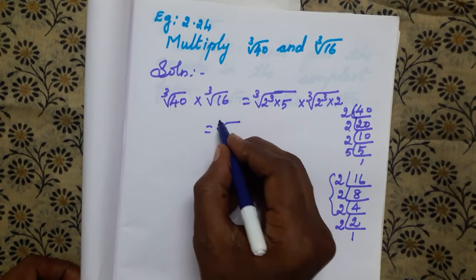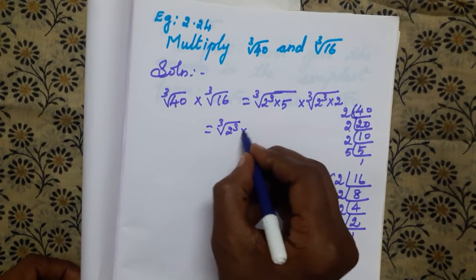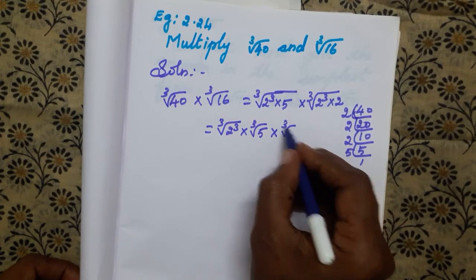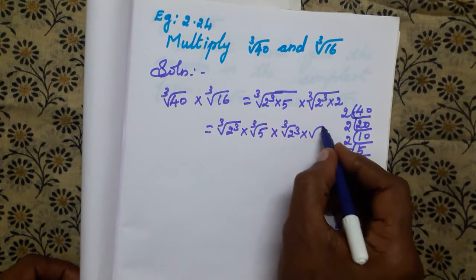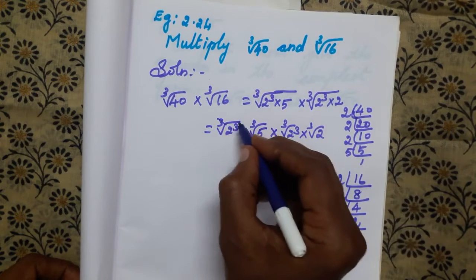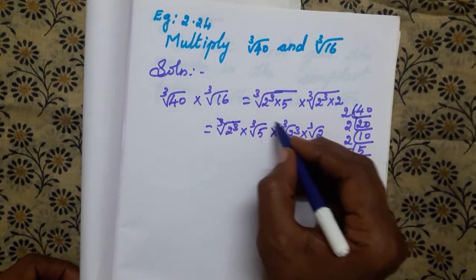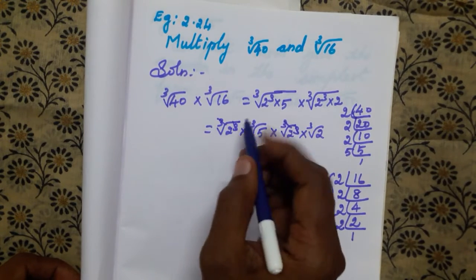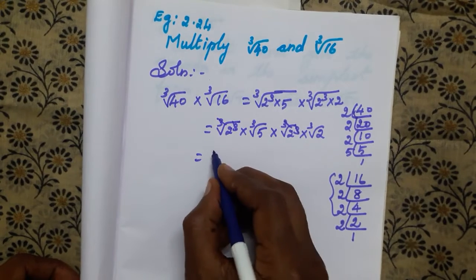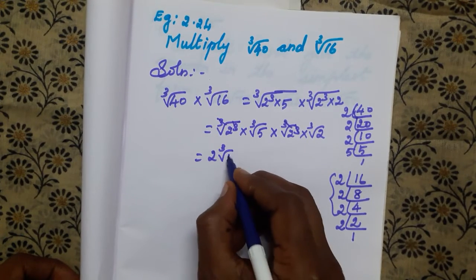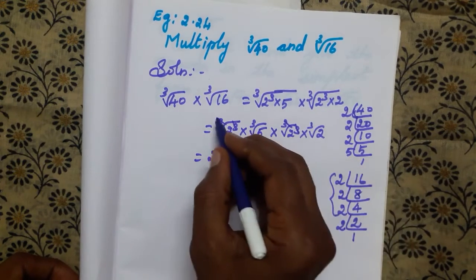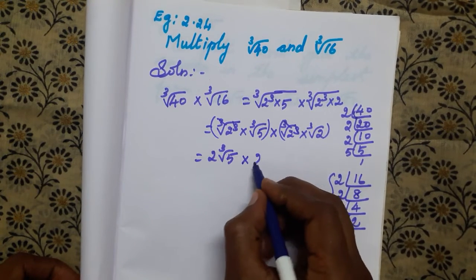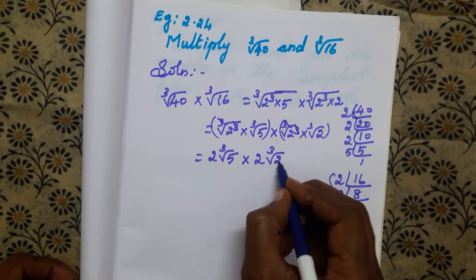Next, we can write this as cube root of 2 cube into cube root of 5 into cube root of 2 cube into cube root of 2. Here the power as well as order are the same. Here also power and order are the same. So how can we write it? 2 cube root of 5 into 2 cube root of 2.